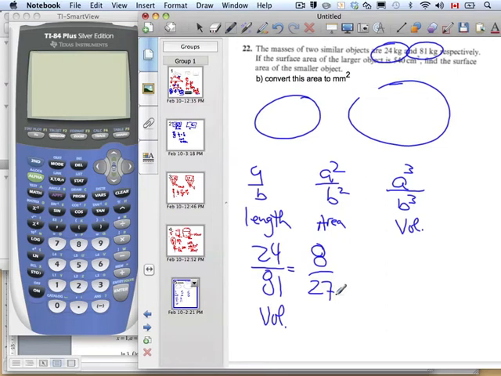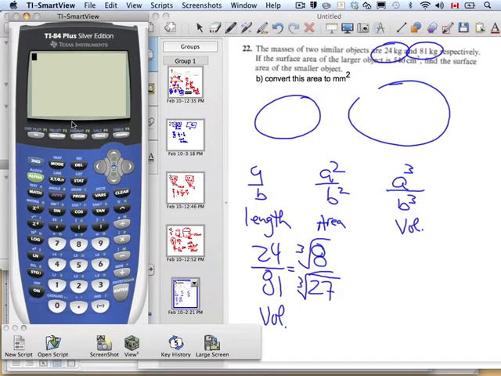And I know this is A cubed and B cubed. So if I cube root this, cube root of 8, let me show you how to do that in a calculator: go math, toggle down to number 4, that's 8.